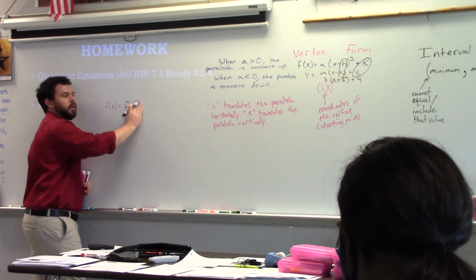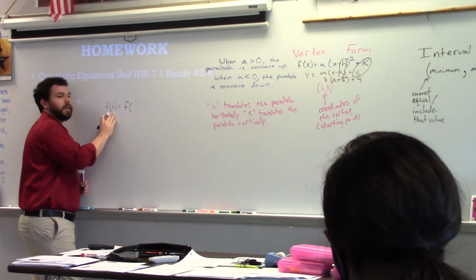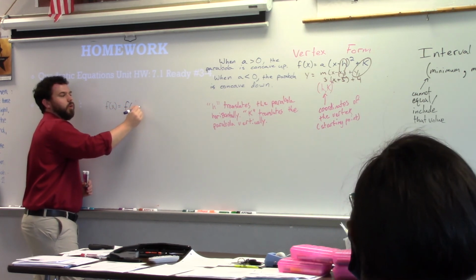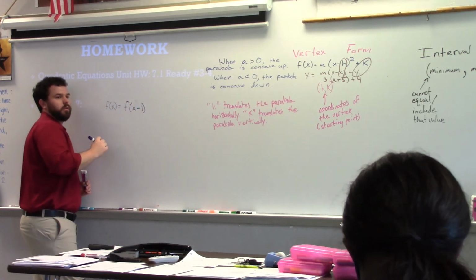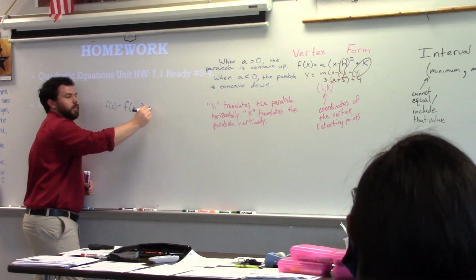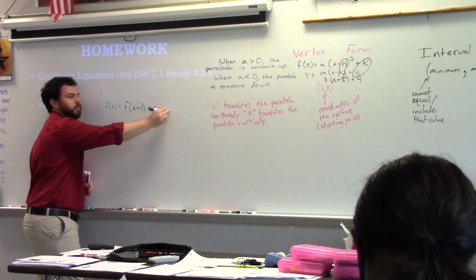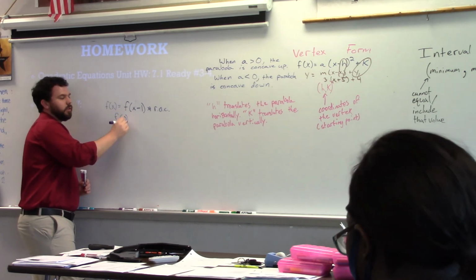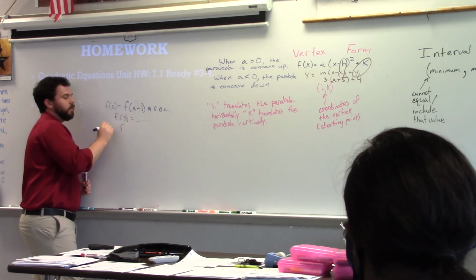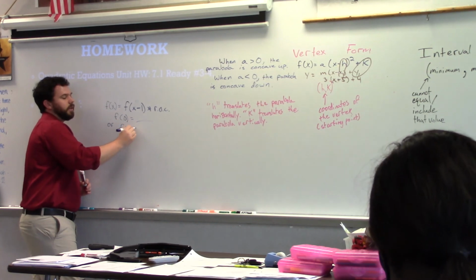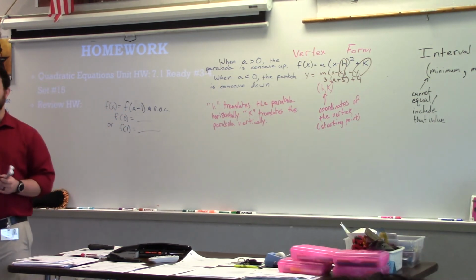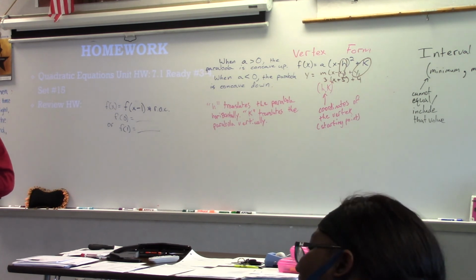I've already got f of x, that's my current. How about 1 before, right? So remember, then we apply that rate of change. And then we need some starting point, right? So f of 0 equals blank, or f of 1 equals blank. But you need f of x and f of x minus 1, the current and the previous.